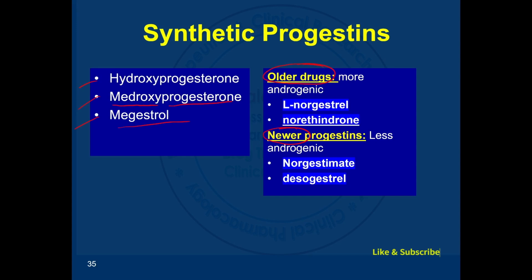The older progestins have more androgenic effect, meaning male-type effects, such as levonorgestrel and norethindrone. They then developed newer progestins with less androgenic effect, such as norgestimate and desogestrel.